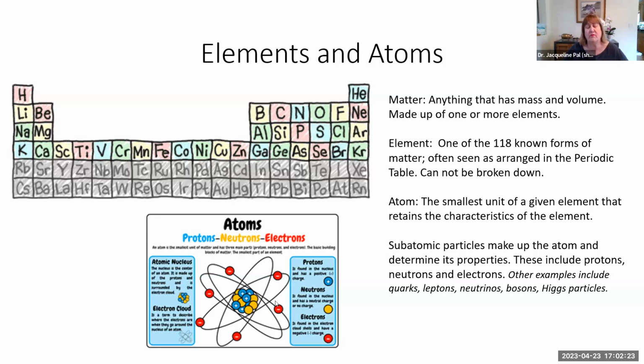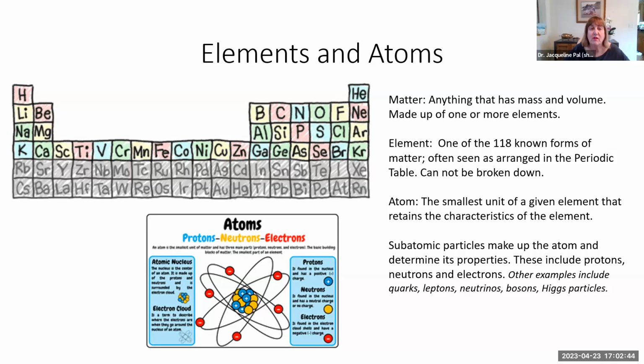And so we've known for years all about protons, neutrons, and electrons. If you took any college level physio class, you also probably learned about quarks and neutrinos and Boson-Higgs particles. For this class, we're just going to be sticking with protons, neutrons, and electrons.